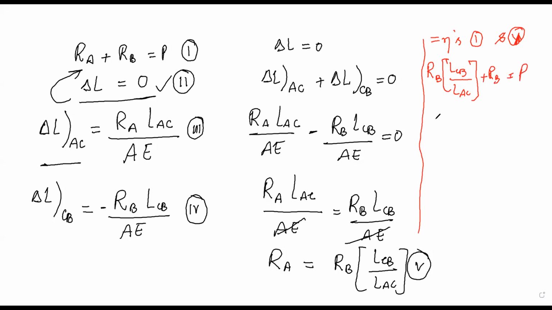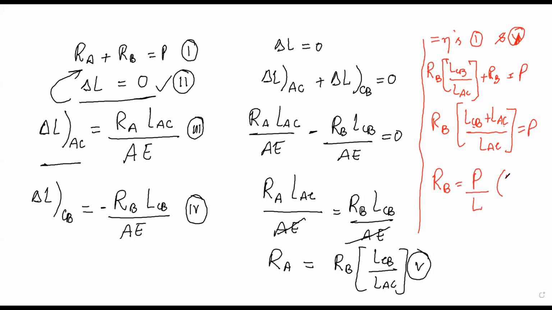So I will take this RB out. This is RB times (LCB plus LAC) divided by LAC, is equal to P. LCB plus LAC is equal to L. Therefore, RB becomes equal to P by L multiplied by LAC. This is what we had to obtain.